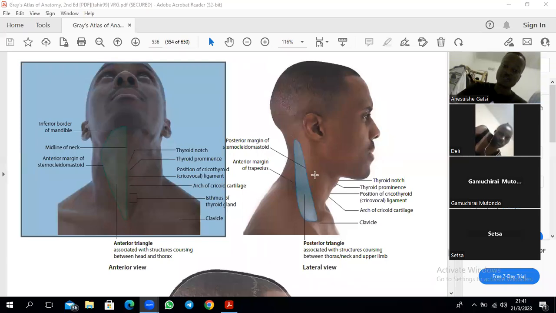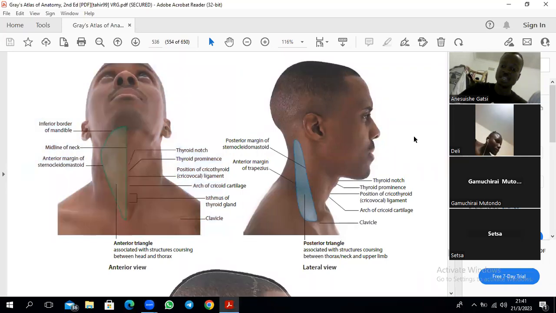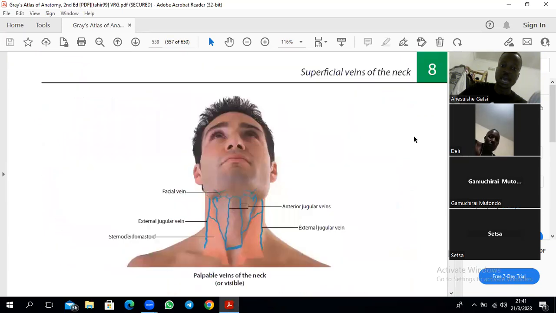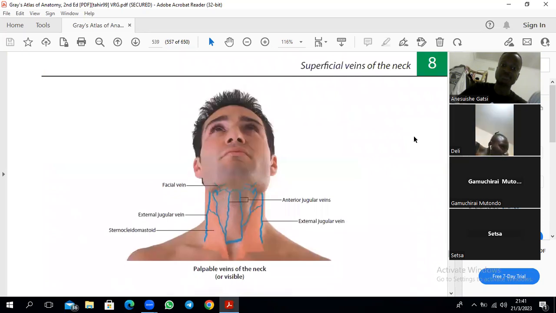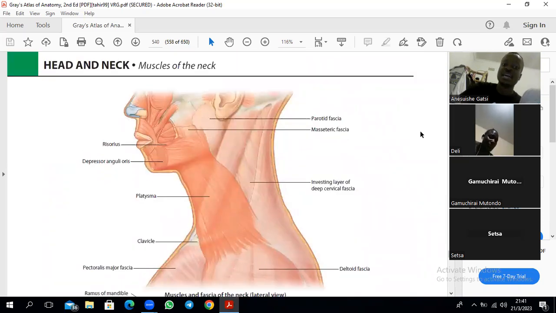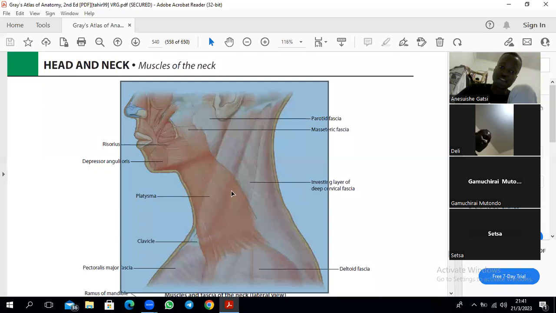Then after skin, in every region, we go to superficial fascia. Superficial fascia is a very thin layer of areolar connective tissue. And in that superficial fascia, we find superficial veins as well as a muscle. The muscle that we find in the superficial fascia of the neck is this muscle here called the platysma.